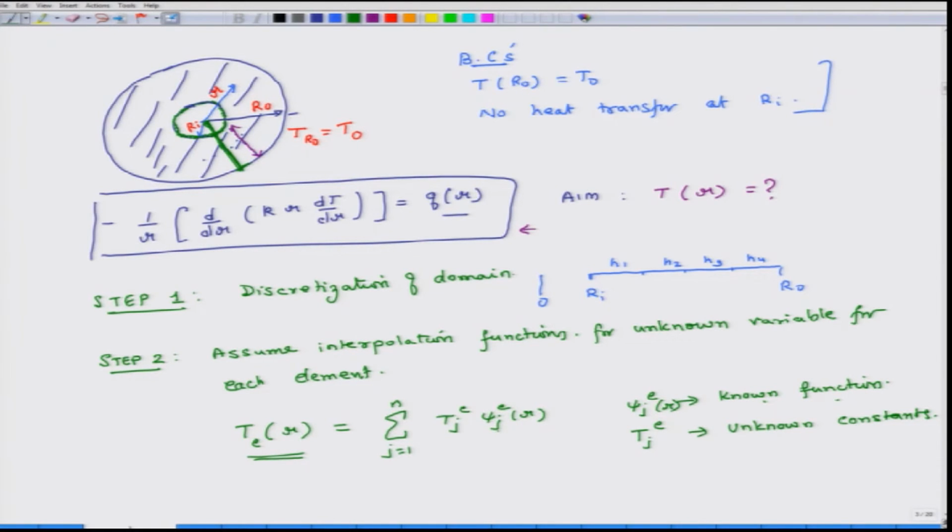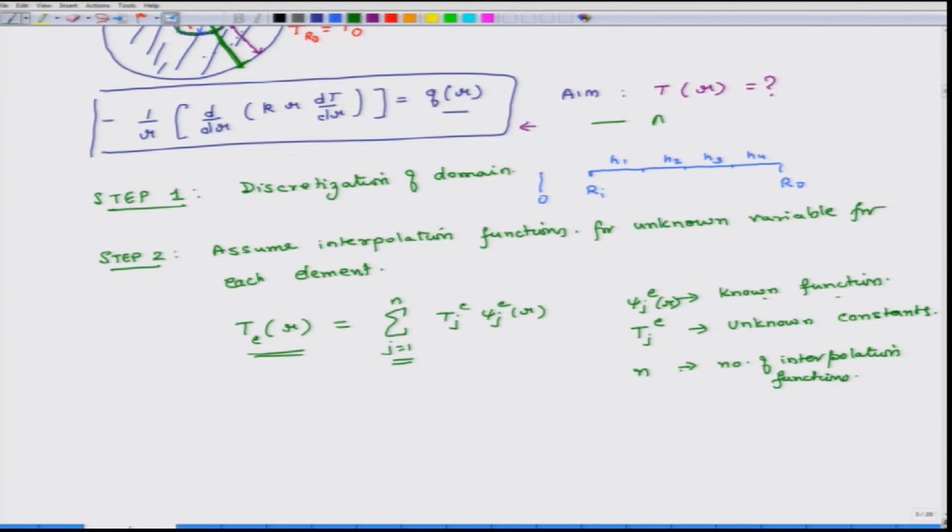Psi j is a known function, Tj is an unknown constant, and I can sum several of these, where n is the number of interpolation functions. Let us call the governing equation equation A, and let us call this equation B.